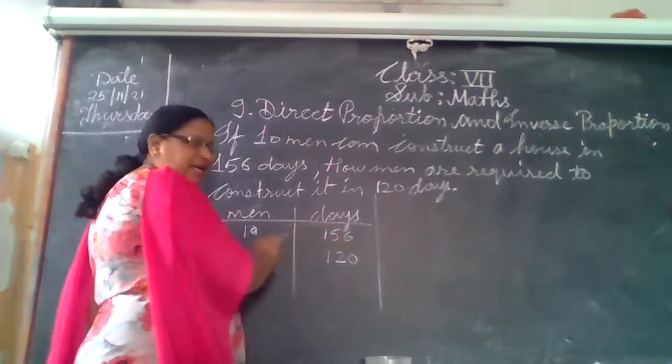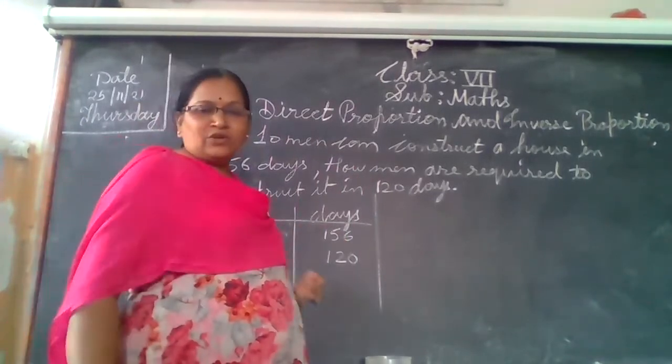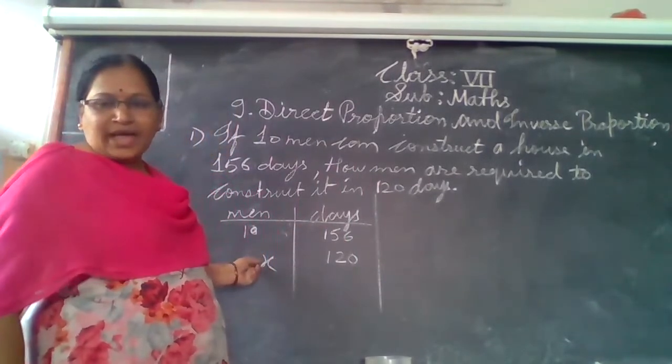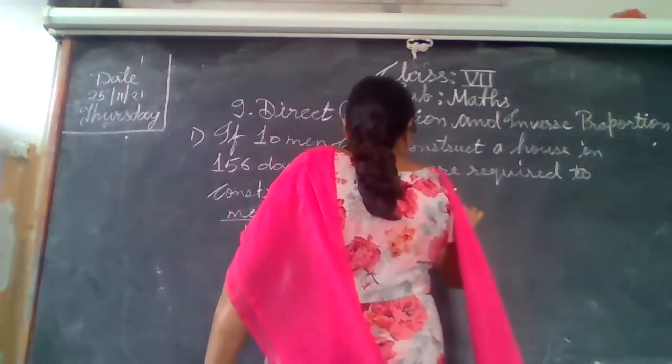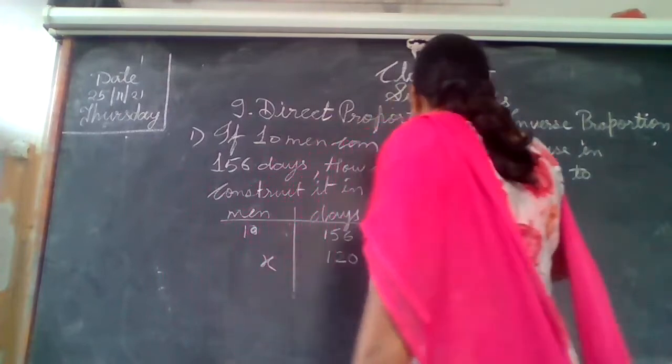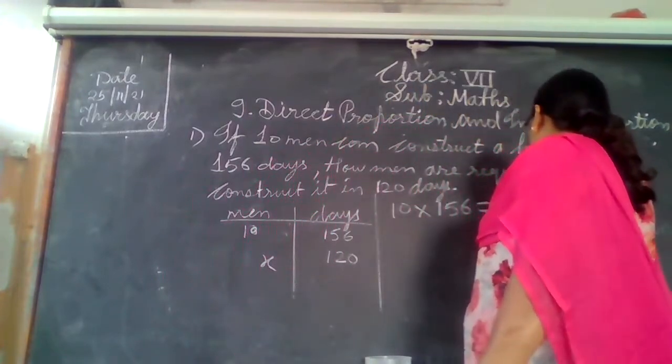That's why we multiply side to side to find the value of the unknown quantity X. So 10 multiplied by 150 equals X multiplied by 120.